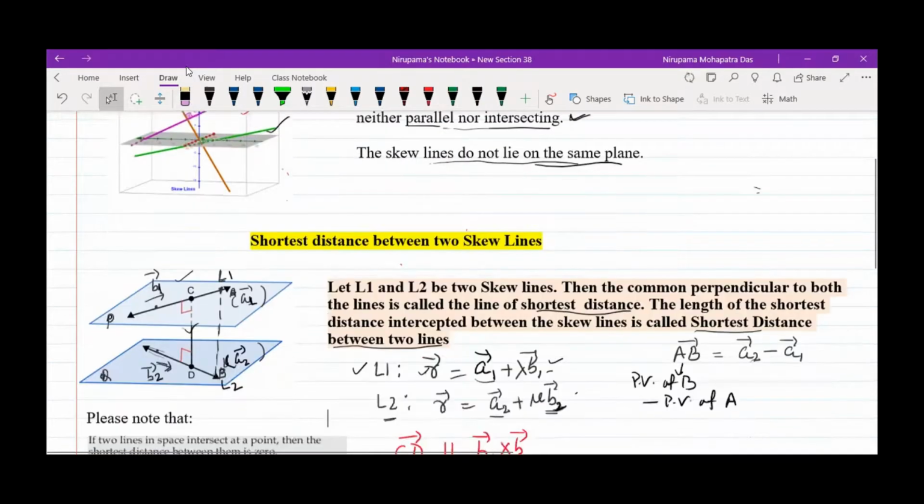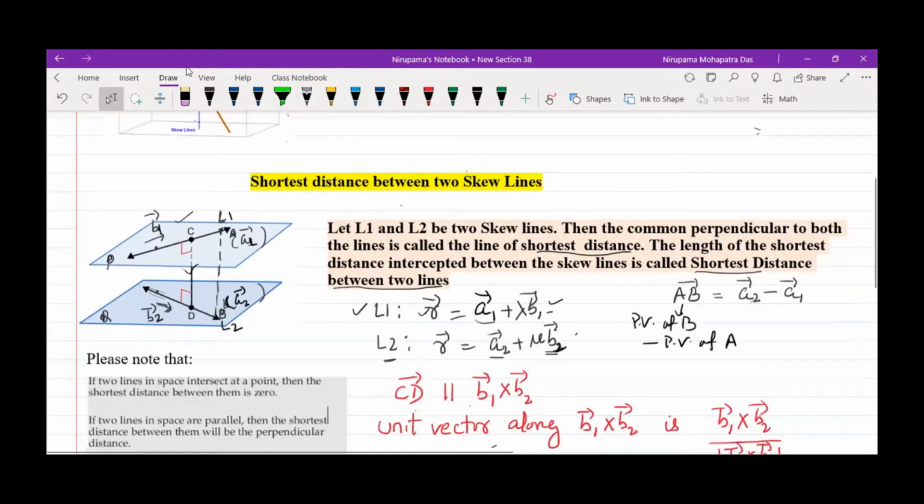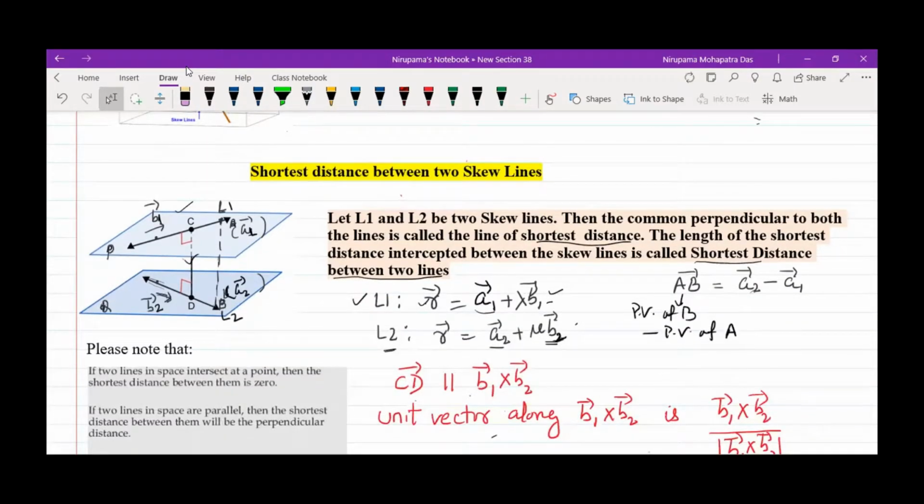So today's topic is what skew lines are, how to visualize them, and secondly, the shortest distance between two skew lines. Now here, look at the image. Let L1 and L2 be two skew lines. L1 passes through the point A whose position vector is A1 vector.